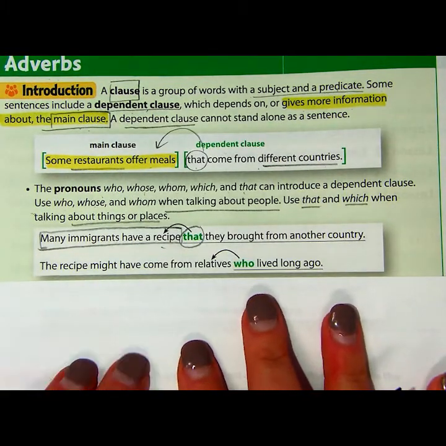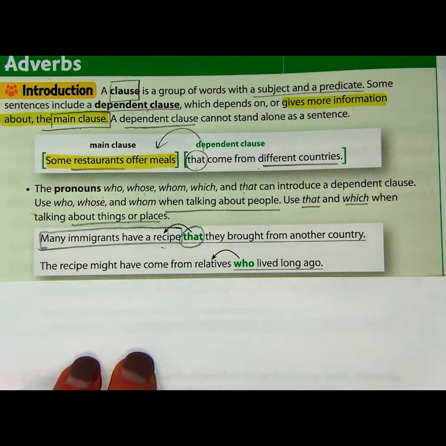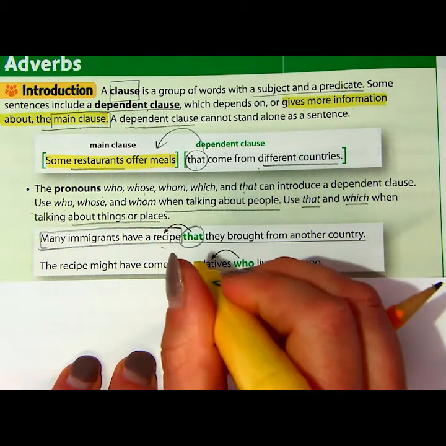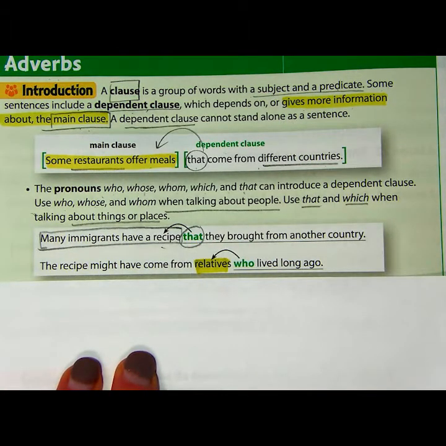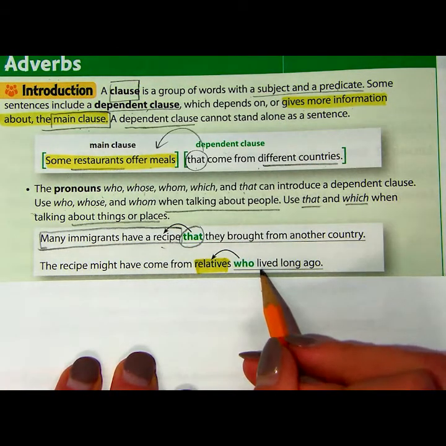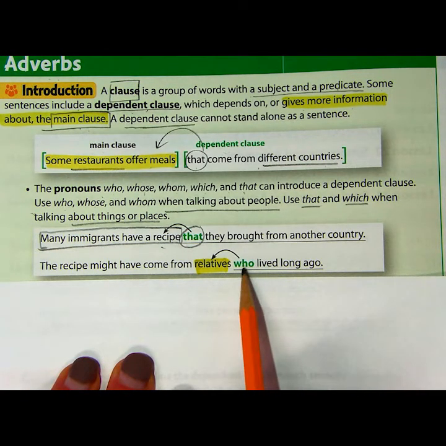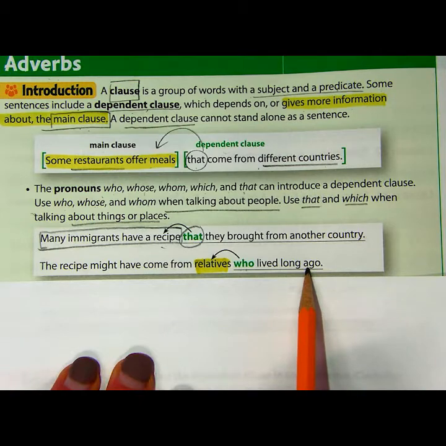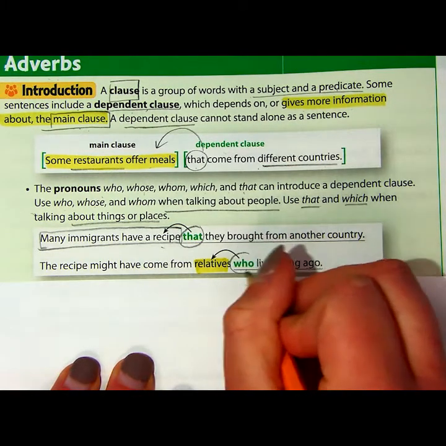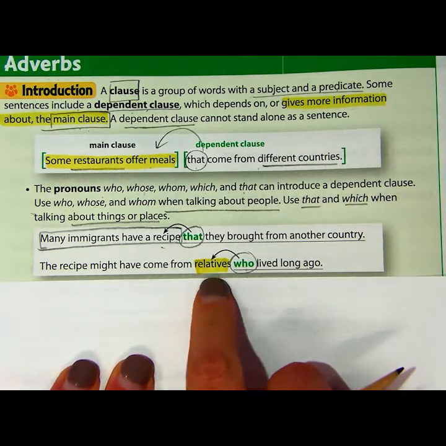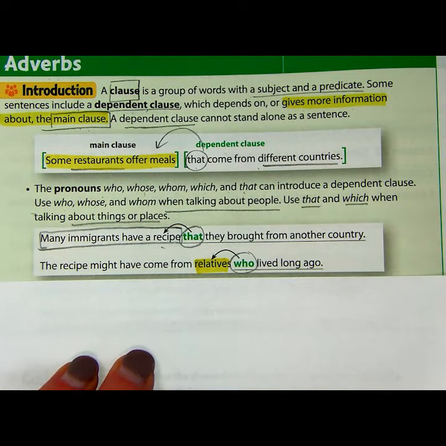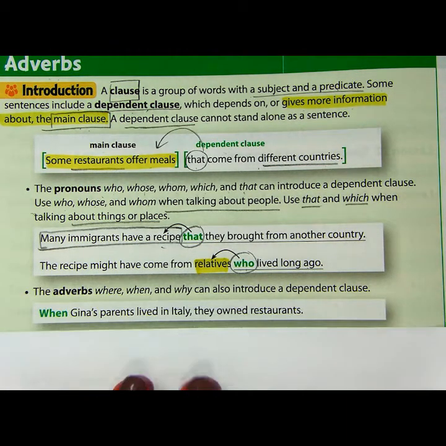The recipe may have come from relatives who lived long ago. So now, in the second example, our focus has shifted from the recipe to now coming from relatives. And our dependent clause, again, gives us a little bit more information about the main clause, and we're saying that these are people who lived long ago. So we're using that pronoun who because we're talking about people, relatives. Hopefully it's starting to make a little more sense. Let's continue.